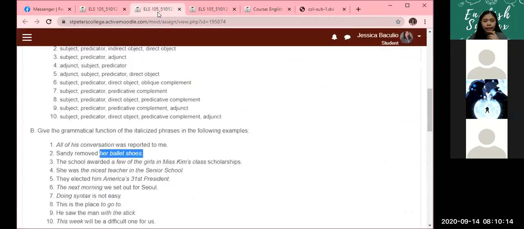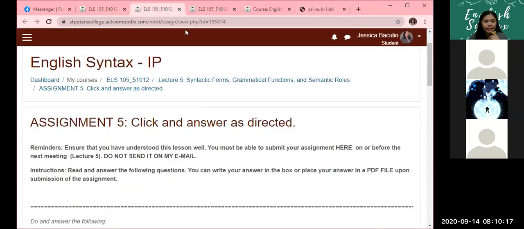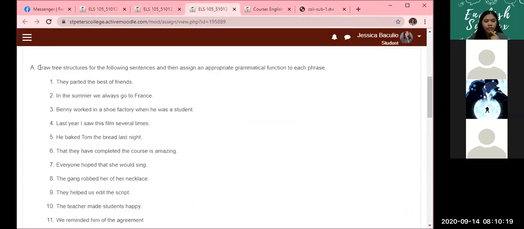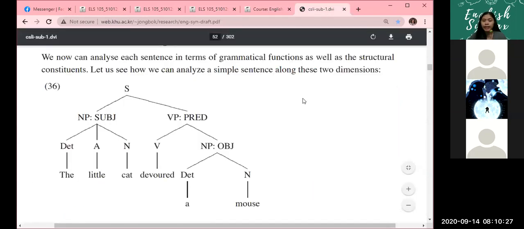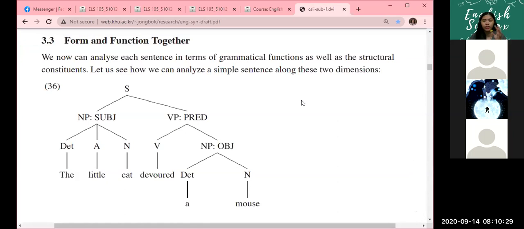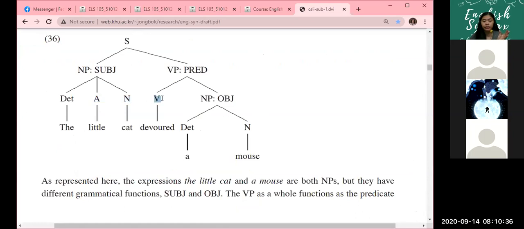Now here's how we are going to answer your assignment 6. Draw a phrase structure for the following sentences, then assign the appropriate grammatical function to each phrase. So we know how to write a phrase structure tree using only the NP, the determiner, the adjective, the verb, the noun, and so on.